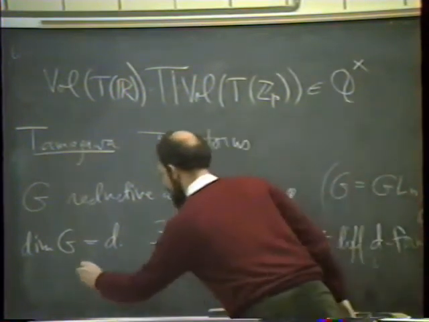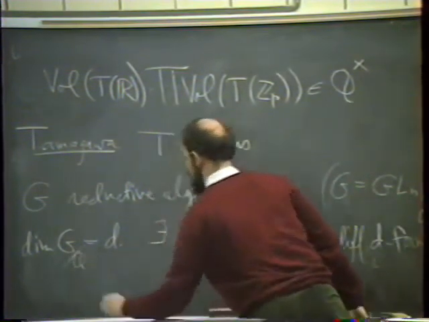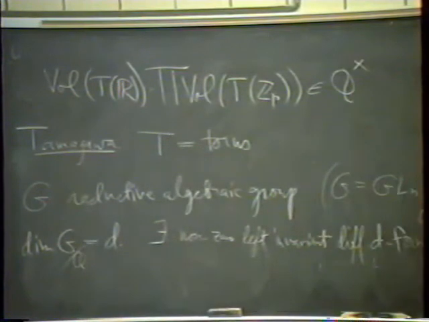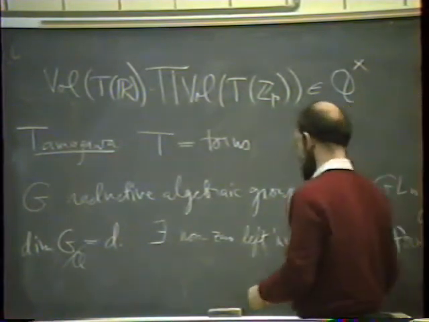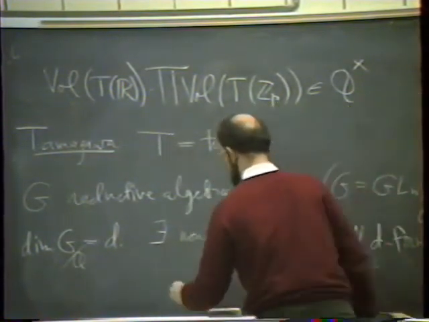And omega, let's suppose that our group G is defined over Q. That means the equations defining our group have coefficients in Q, which they do in this case. Then this omega we can take to be defined over Q also.